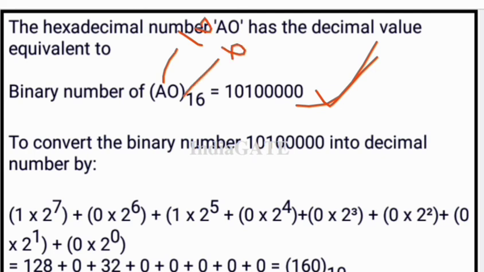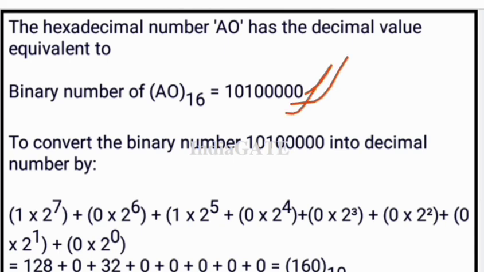Okay, now converting into a number, we just follow this procedure. Here just raise the powers of 2, multiply the respective values and add these values. Okay, after adding these values, we get 160. That is your correct answer.